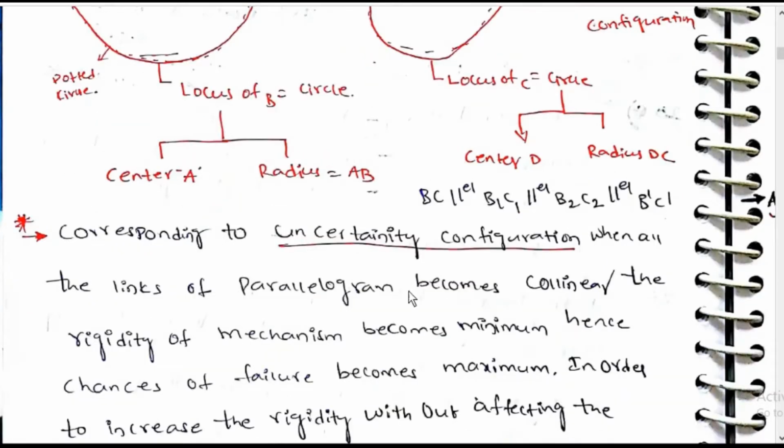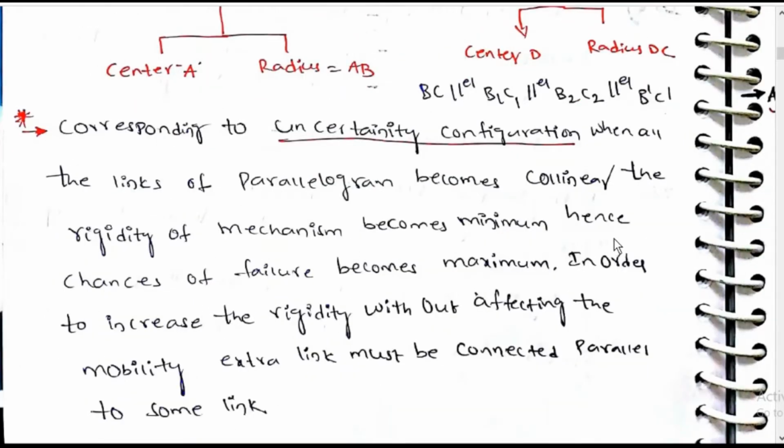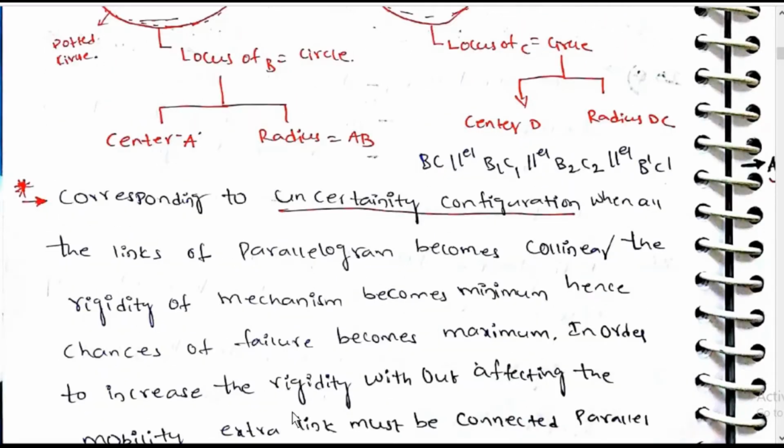Uncertainty configuration: when all the links of the parallelogram become collinear, the rigidity of the mechanism becomes minimum, hence the chances of failure become maximum. In order to increase rigidity without affecting the mobility, an extra link needs to be connected to some link.